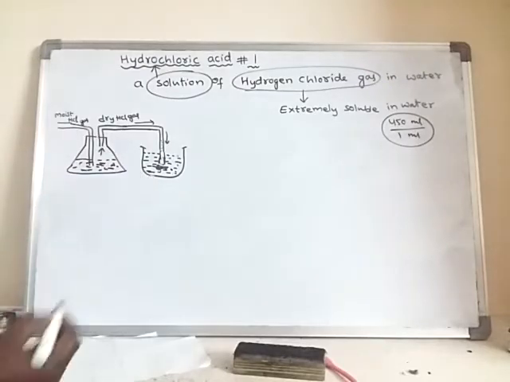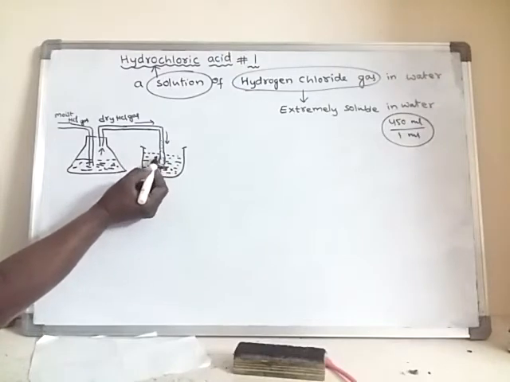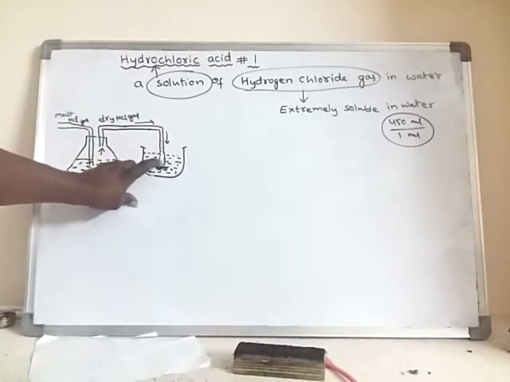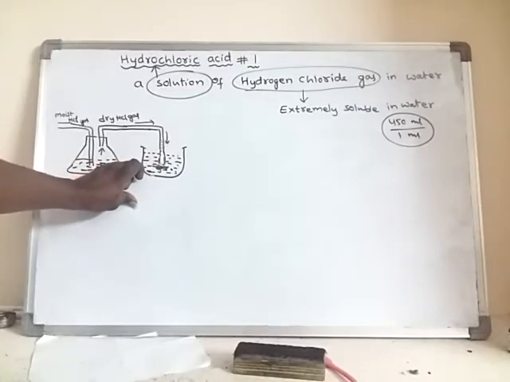So what happens? Empty space is created in the delivery tube. Due to the creation of empty space, low pressure is developed, that is, there is a fall in the pressure of the gas in the delivery tube.